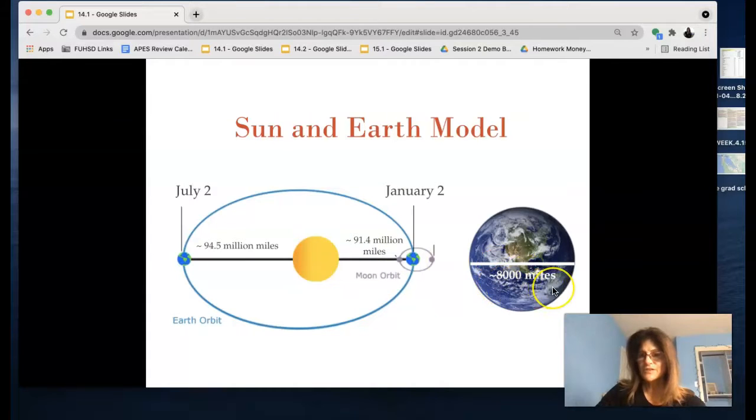If you consider that the diameter of the Earth is about 8,000 miles, we are talking the difference between 91 million miles that the Earth is away from the Sun in January versus 94 million miles that the Earth is away from the Sun in July. These distances are so large that they don't have any impact on the temperature we are experiencing on planet Earth.